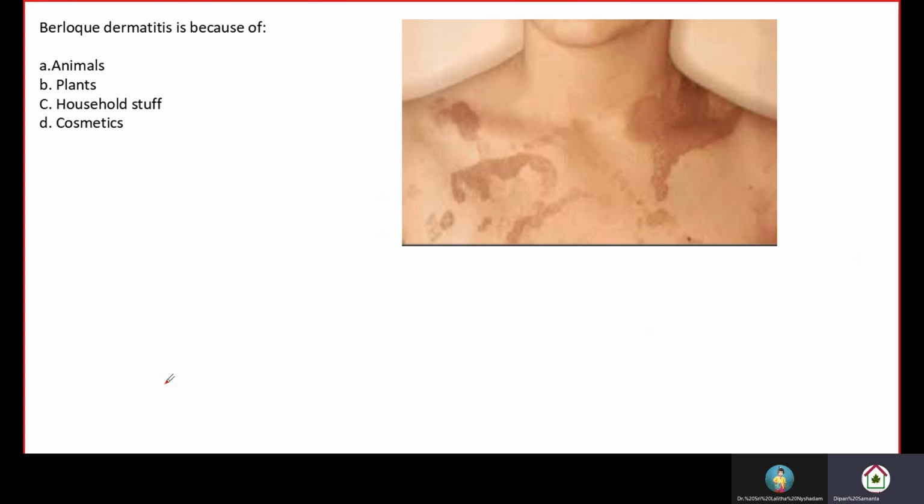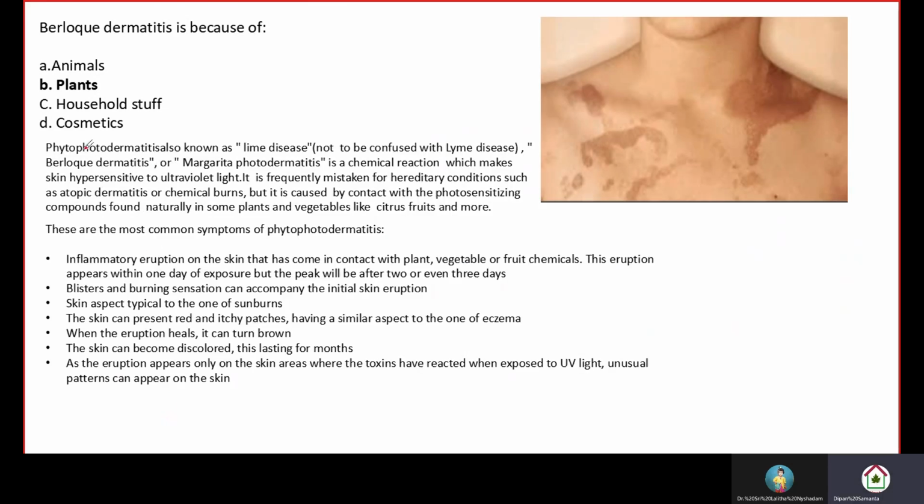Okay, Barlock dermatitis is because of animals, plants, household stuff, cosmetic, and the answer will be plants. Barlock dermatitis is actually called phytophotodermatitis. Phyto means plant, photo means light, dermatitis, inflammation of skin.